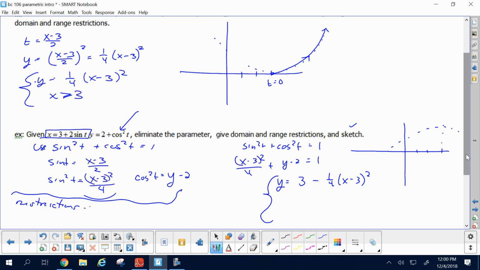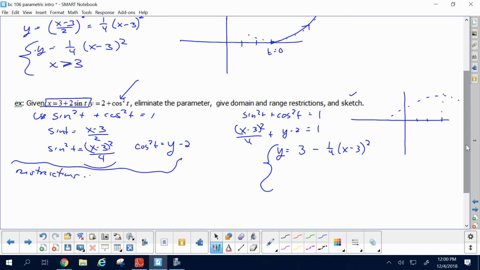Right? So the restrictions are, here's the thought process for your notes. Because sine is between 1 and -1, 3 plus 2 sine has to be between, maybe I should do this slower. If I double this, then 2 sine has to be between -2 and 2, yeah? And 3 plus 2 sine has to be between 1 and 5.